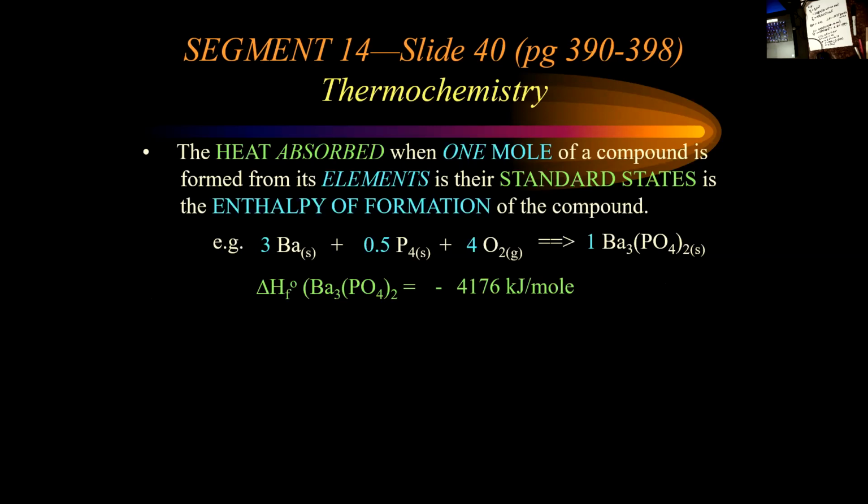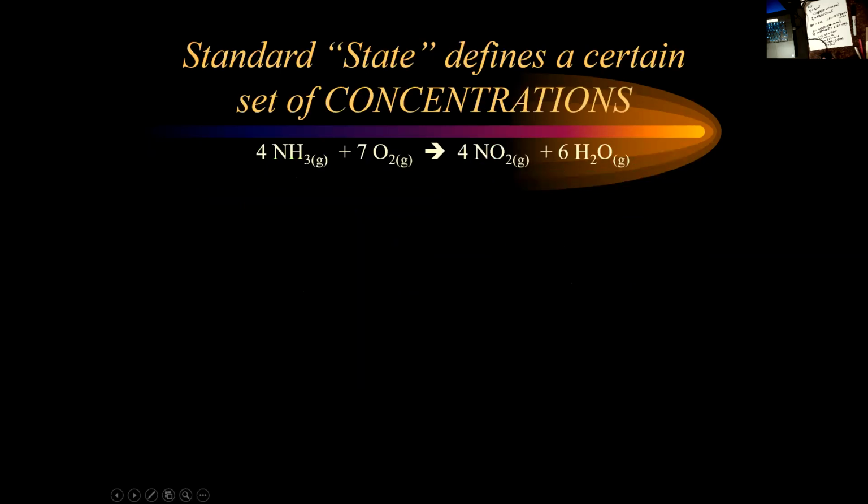Is it exothermic to form this compound or endothermic? It's exothermic, very exothermic. 4,176 kilojoules. That's going to be 4.176 million joules for 1 mole of this compound. That's quite energetic, not unsurprising.